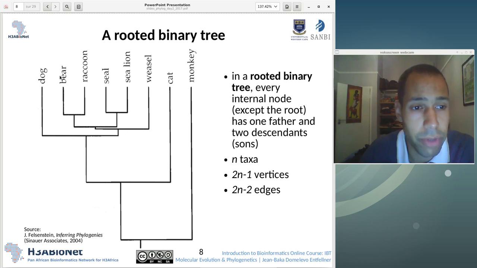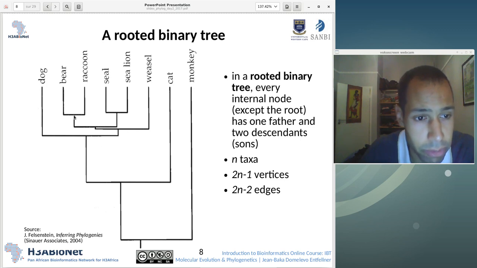Here we have 1, 2, 3, 4, 5, 6, 7, 8 taxa, so we must have 7 internal nodes, okay? We have 8 terminal nodes plus 7 internal nodes.